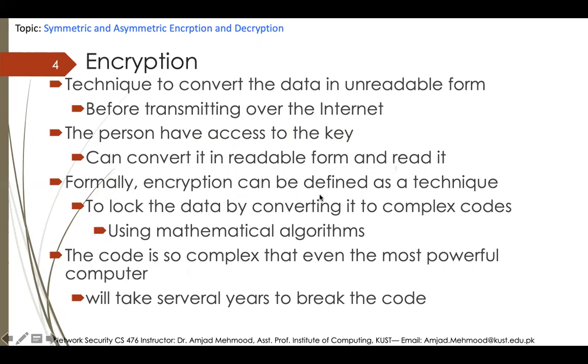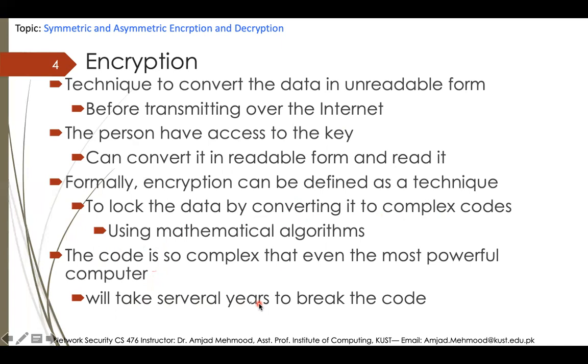Formally, encryption can be defined as a technique to lock the data by converting it to complex code using a mathematical algorithm. As you know, symmetric and asymmetric are mathematical algorithms. The code is so complex that even a powerful computer will take several years to break that code.